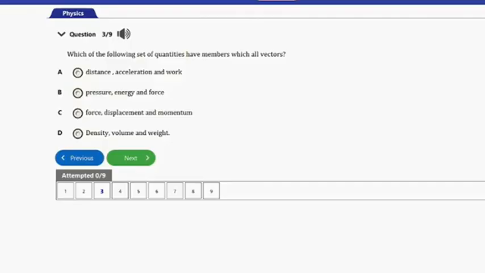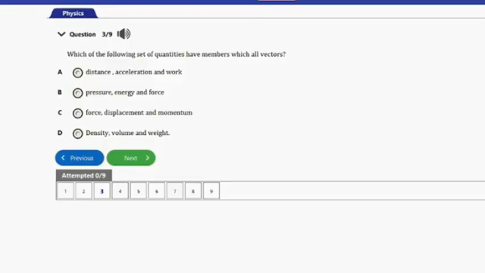So guys, the vector quantities are the ones with both magnitude and direction, whereas the scalar ones are the ones with only magnitude, no direction. So the option here that has members which are all vector quantities is option C. Force is a vector quantity, displacement is a vector quantity, and momentum is a vector quantity. So that's it for this question.